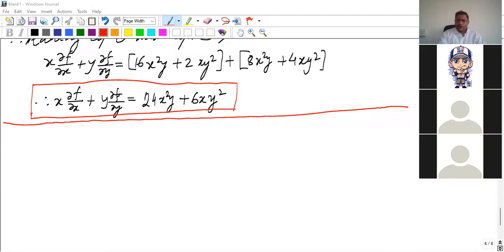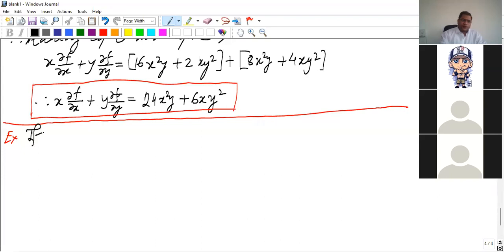As in the previous case, we had a function and proved what happens to the term x del f by del x and to the term y del f by del y. Let us go for the next example.